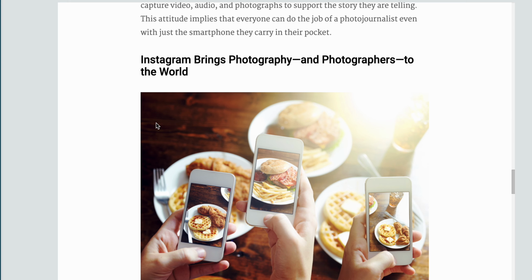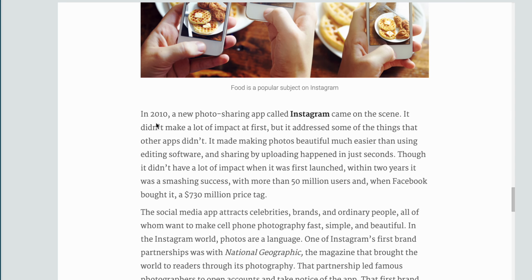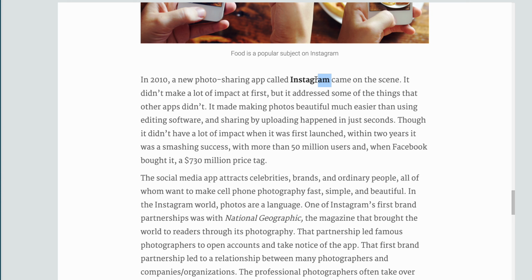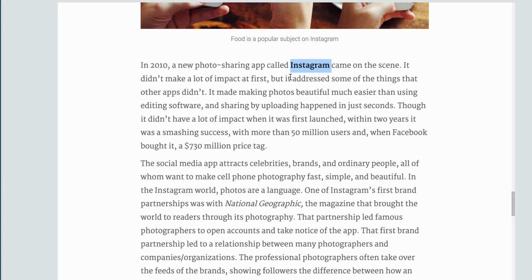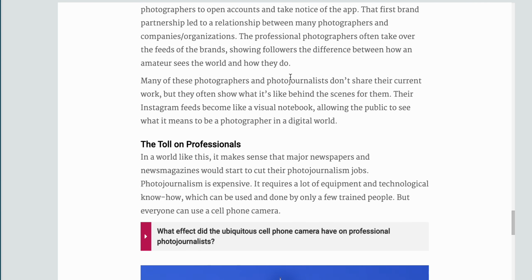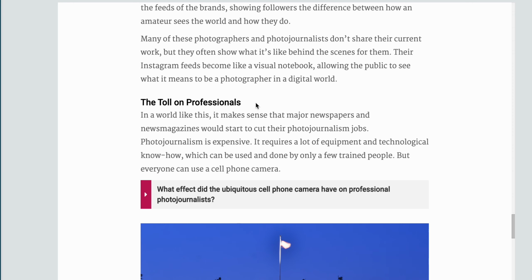Instagram brings photography and photographers to the world. Of course, with the invention of Instagram, it's much easier for journalists to post pictures and deliver information. But we need to know that there is a toll on the profession. There is a fine. There is a result for that. What is it?